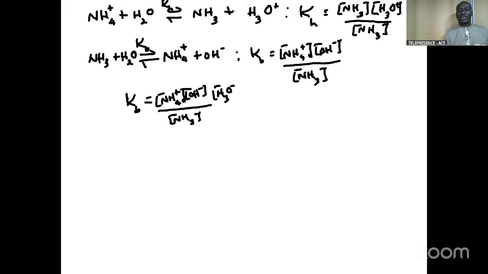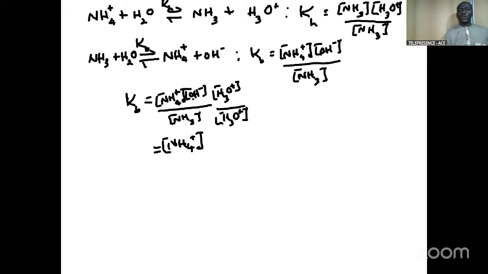If you do that, you have to multiply the denominator also by H3O+. You wouldn't have committed any crime, because H3O+ will naturally cancel H3O+, and you'll still be left with your Kb.